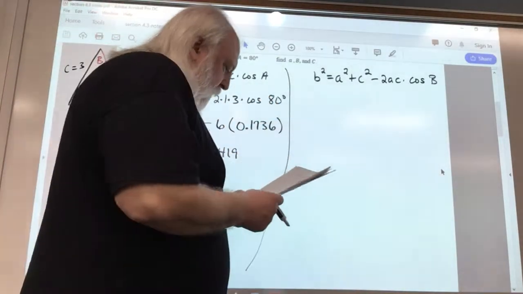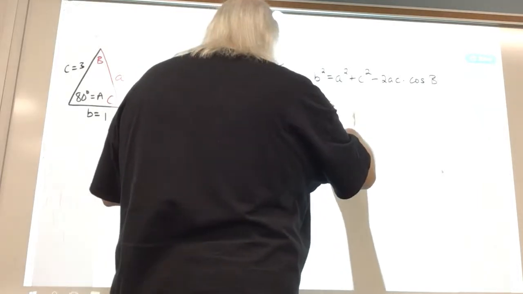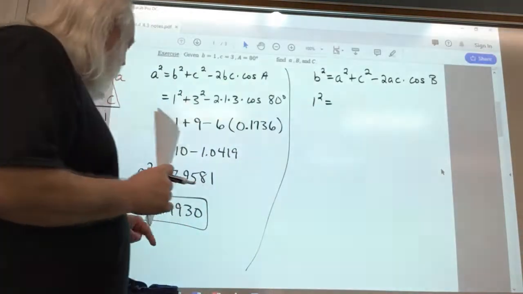So when we plug in for little a, little b, and little c, we have 1 squared is equal to a squared.